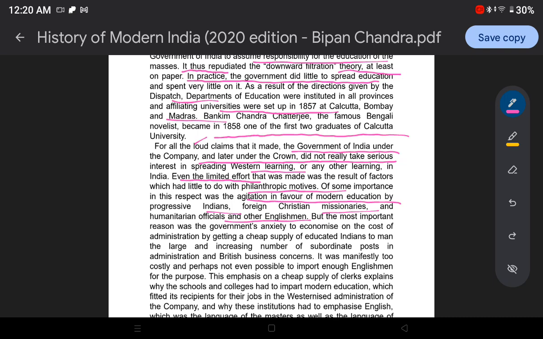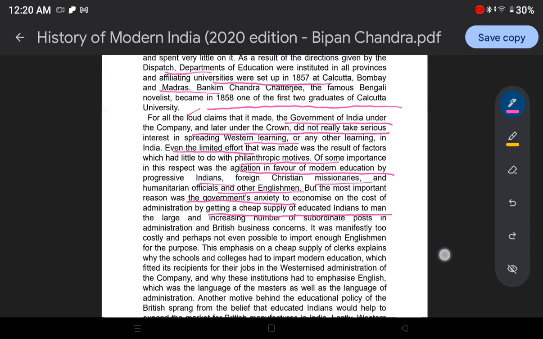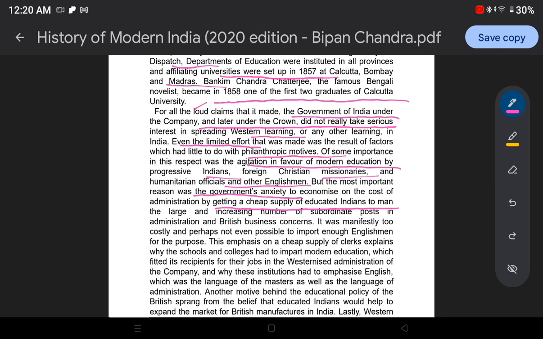But the most important reason was the government's anxiety to economize on the cost of administration by getting a cheap supply of educated Indians to man the large and increasing number of subordinate posts in administration and British business concerns. It was manifestly too costly and perhaps not even possible to import enough Englishmen for the purpose.